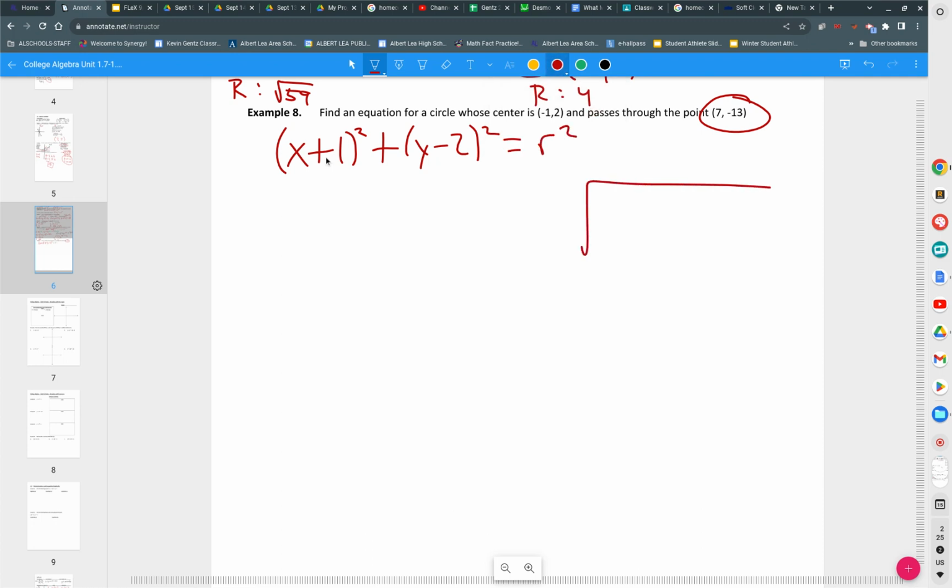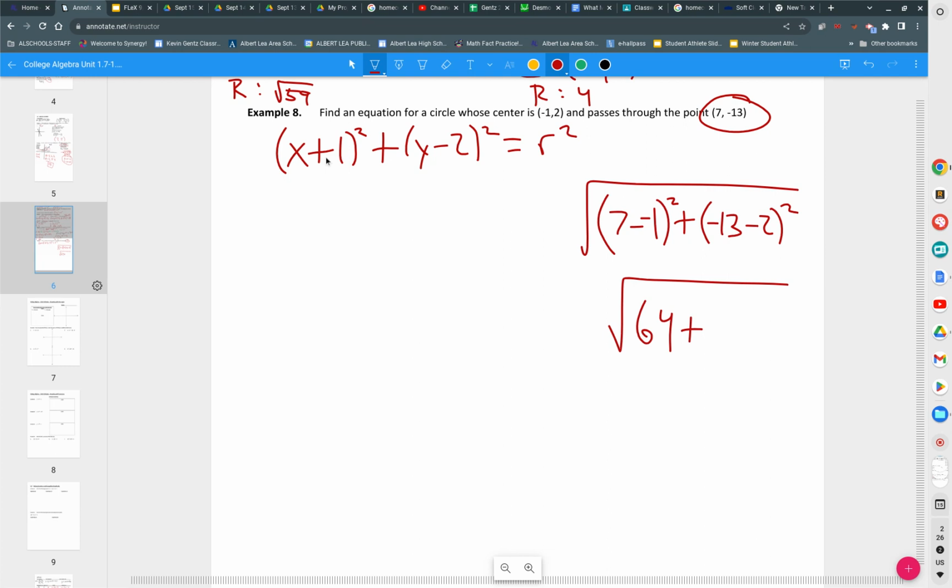We have the square root of x sub 2 minus x sub 1, quantity squared, plus y sub 2 minus y sub 1, quantity squared. 7 minus negative 1 is 8. Squared is 64. Negative 13 minus 2 is negative 15.